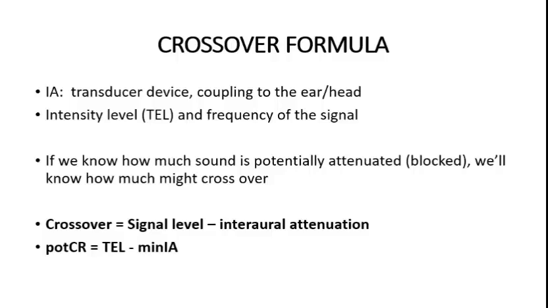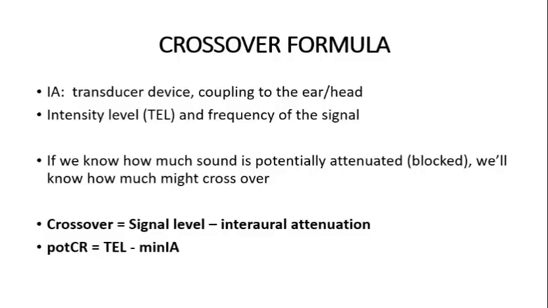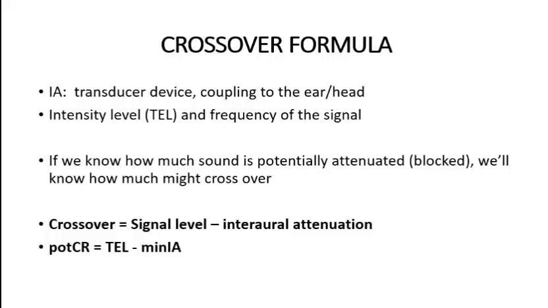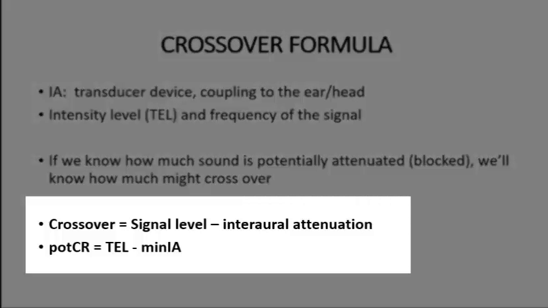The items that we include to determine potential crossover would be the minimum possible attenuation and the intensity level of the test signal. If we know how much sound is potentially blocked, we'll know how much sound might be crossing over. So crossover equals the signal level minus the possible attenuation. In other words, potential crossover equals the test level minus the min-IA value.